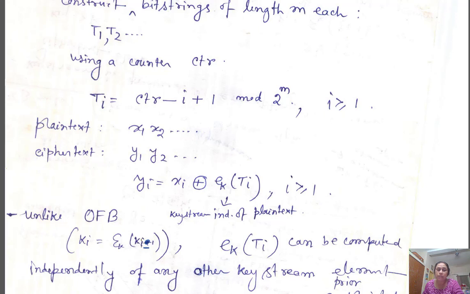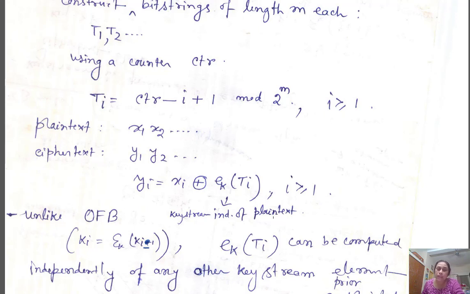So in OFB mode, this is Xi XOR Ki, but here this is Xi XOR Ek of Ti. In OFB, Ki depends on Ki minus 1, which depends on the previous Ki values.